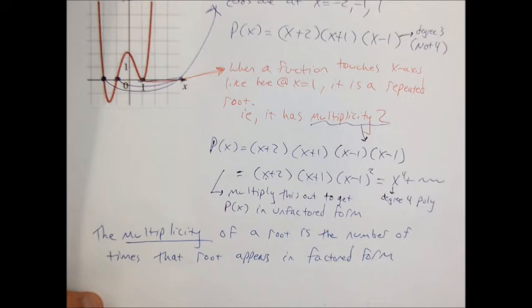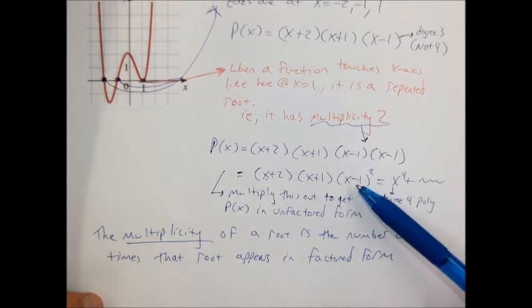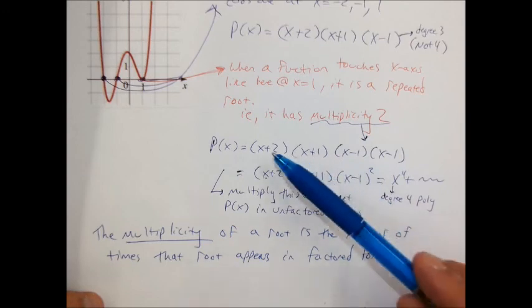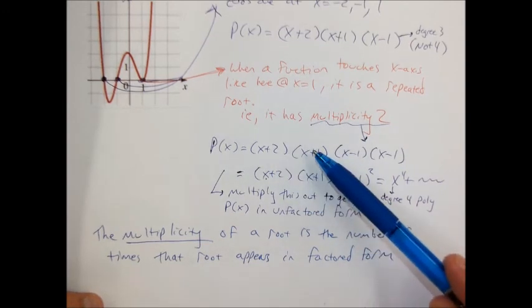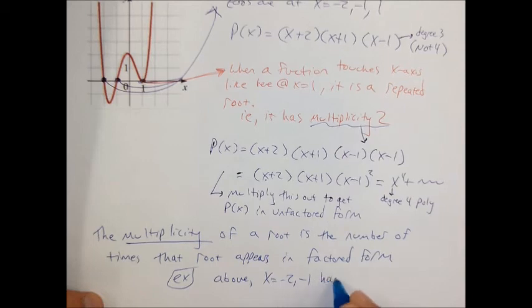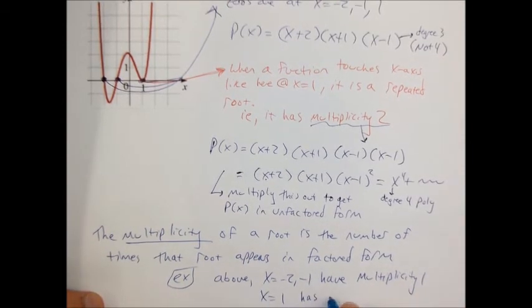Looking at this example right here, x minus 1 has multiplicity 2 because it appeared twice. And so x equals 1 has multiplicity 2. And then x equals negative 2 and negative 1 both have multiplicity 1. So for example, above, x equals minus 2 and minus 1 have multiplicity 1, and x equals 1 has multiplicity 2.